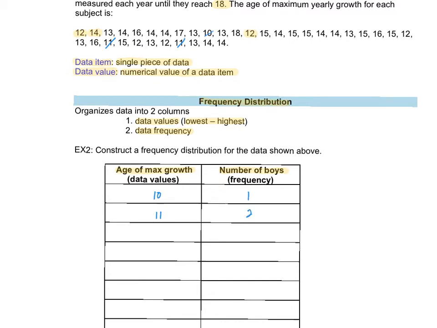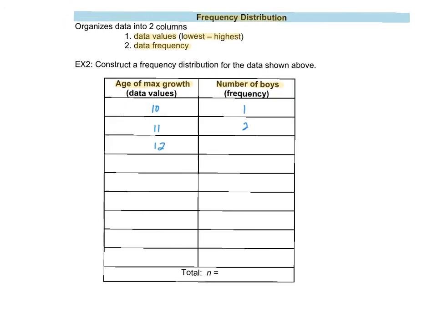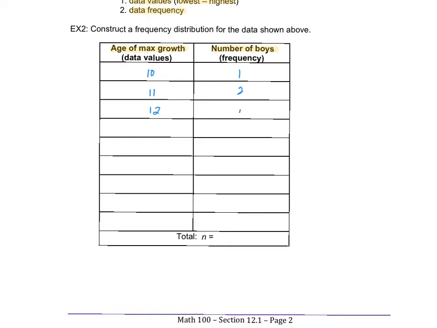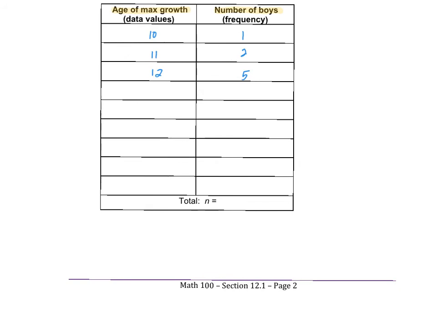And then at 12, we have 1, 2, 3, 4, 5. So at the age of 12, there's 5, and so on. So I'll go ahead and complete the table. 13, we have 7.